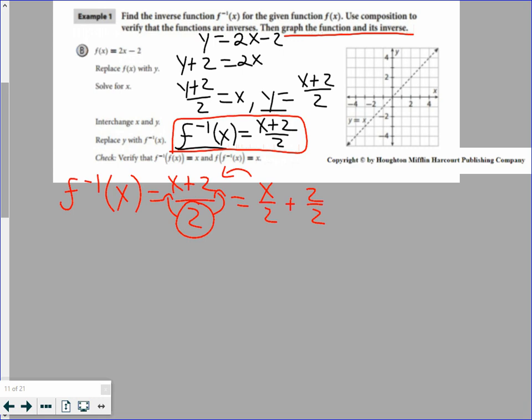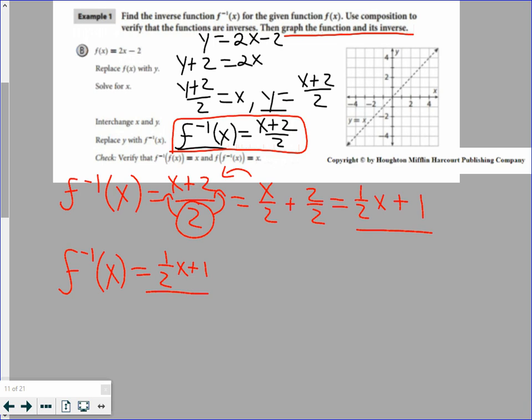They have the same denominator, so I just add the numerators, I add the tops, I get that x plus 2 over 2. So I'm just breaking it apart, because when I break it apart, I can rewrite this now. x over 2, or x divided by 2, is the same thing as 1/2 x. And 2 over 2 is just 1. So I get this equation right here. So I can say my f inverse of x will also equal 1/2 x plus 1.